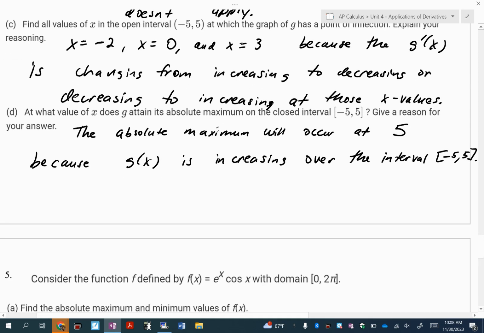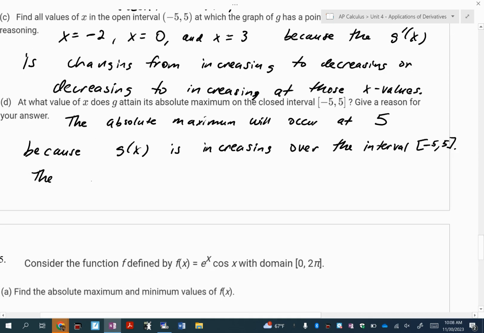And I know this because the y values for the derivative, g prime of x, are all positive.